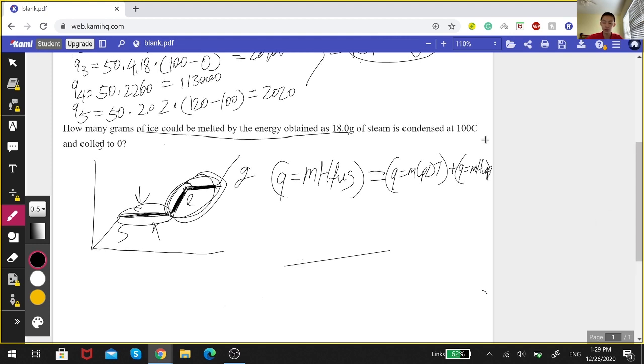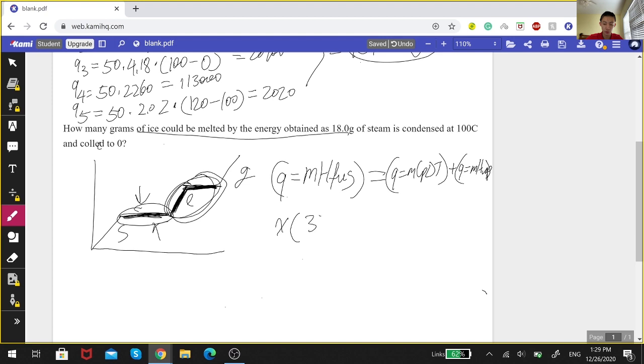Now this question, if you understand it properly, is just going to be that this line has to equal the two of these lines combined. So 18 grams times, the number we're looking for here is m, the number of grams of ice. So we're going to use x times heat of fusion, which is 334. And now remember, since it's decreasing temperature, 100 to 0 degrees, make sure you add a negative sign for your joules.